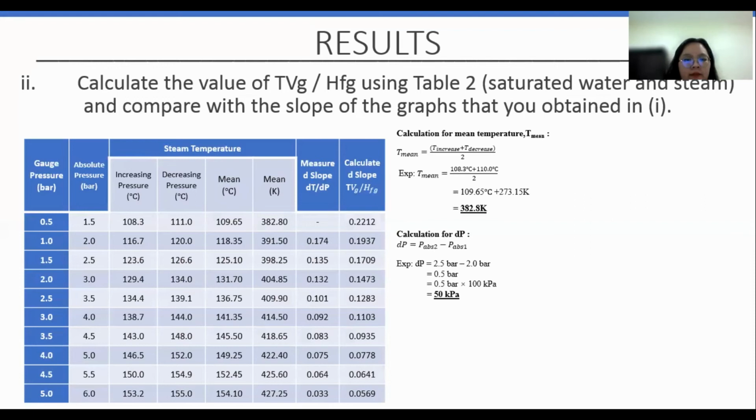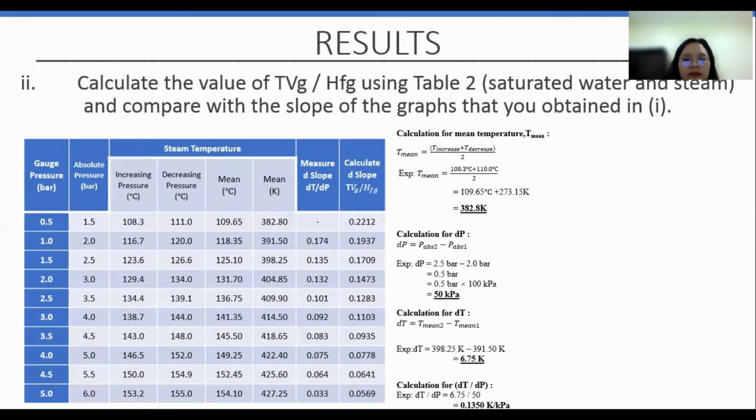Next, for the measured slope, that is dT over dP. dP can be obtained by using P2 minus P1 and changing the unit from bar to kPa. And dT can also be obtained using this method, that is T2 minus T1. The unit change is to get a better comparison between the measured and calculated slope.